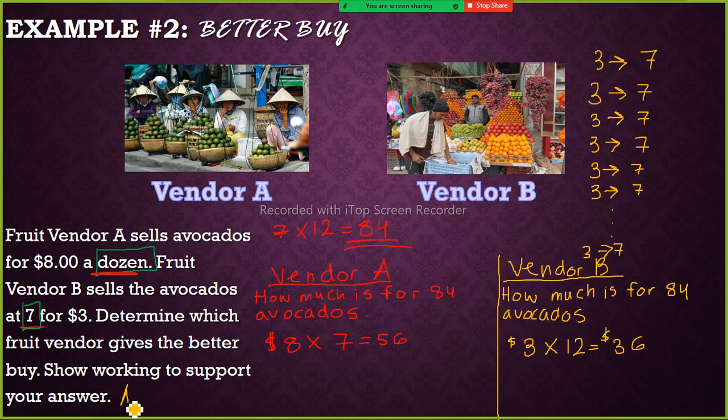So the answer is vendor B. That's the better buy. Okay, any questions on this? Better buy.